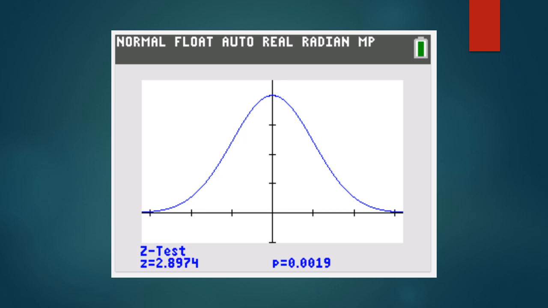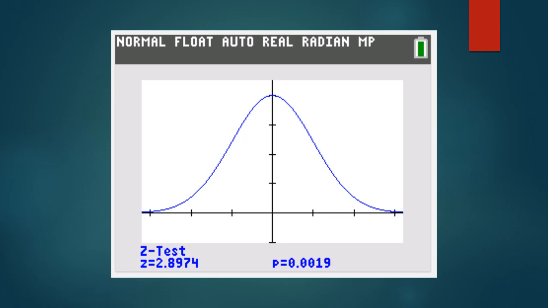If your shaded area is huge, if you see tons of blue on the screen, then that means, well, yeah, we expected to get those results. That's perfectly normal given the null hypothesis. This is tiny. So there's our p-value, 0.0019.